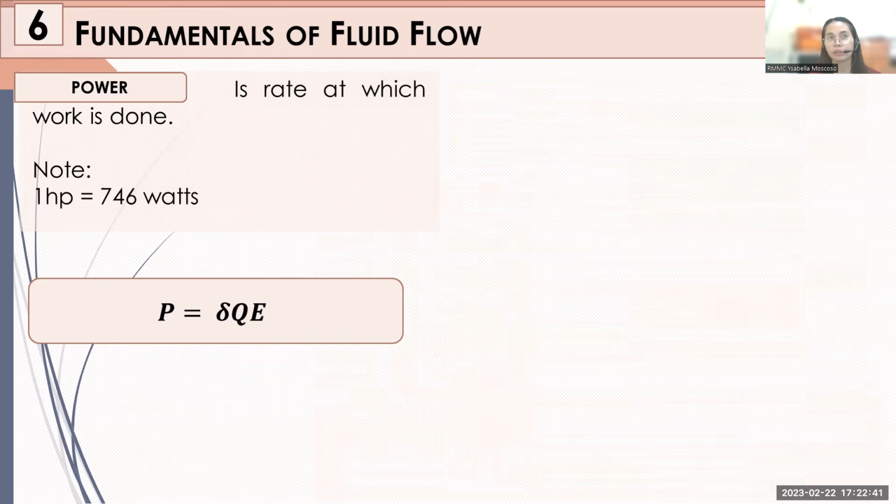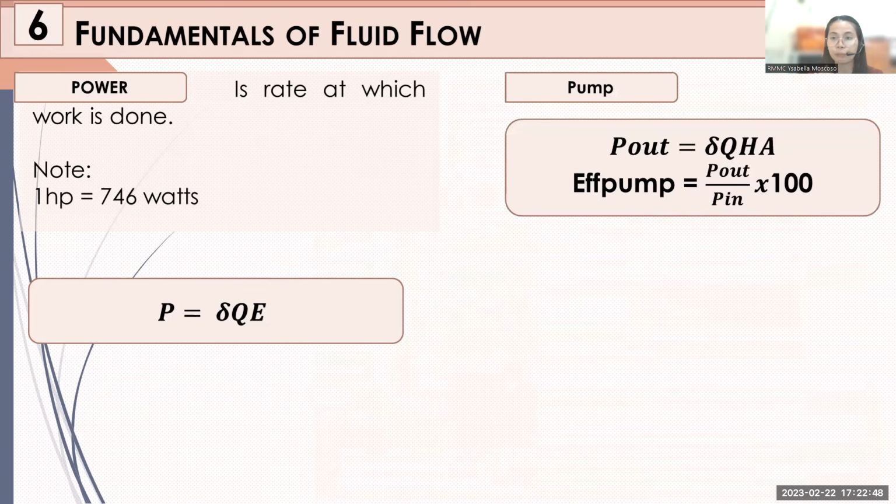So ang power ninyo is nakadepende if pump or turbine yung sinosolve ninyo. Okay? If pump yung sinosolve ninyo, the output or the power you are going to use is gamma Q. As you can see, the energy, that is HA. Because again, pump is head added and the power it produces is power out.